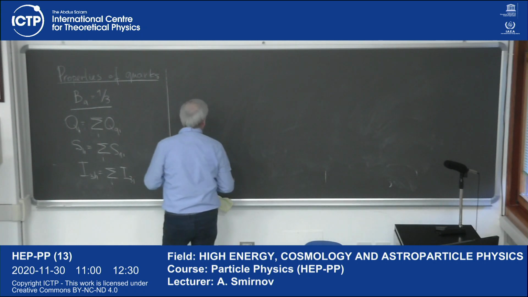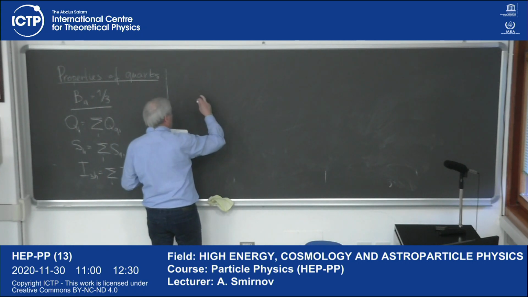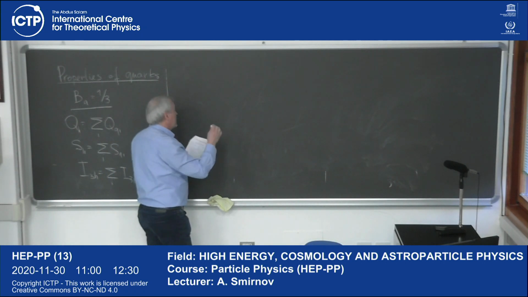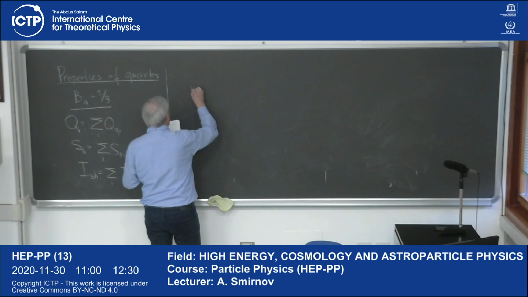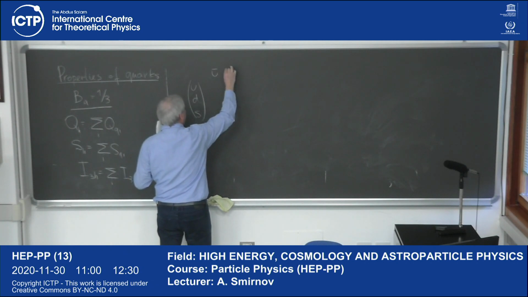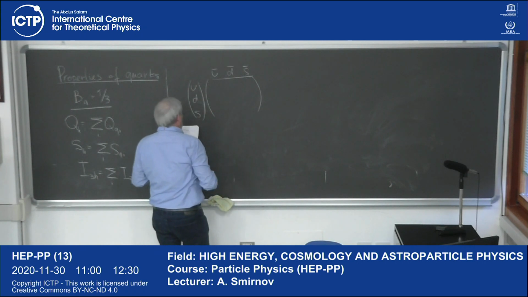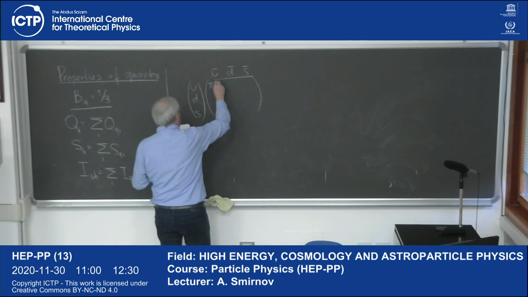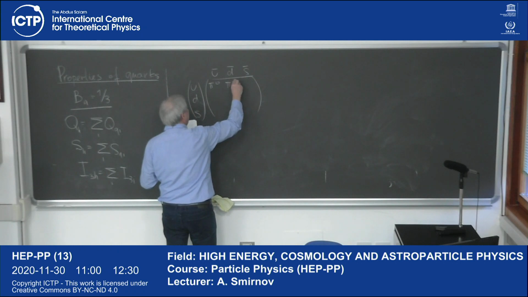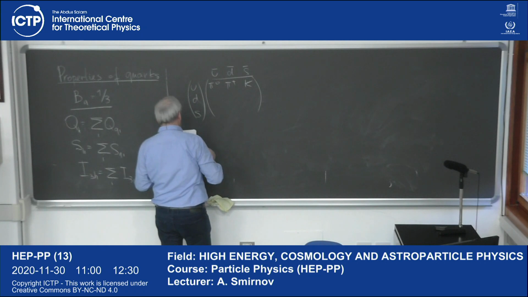So, we can write the octet of mesons, for instance, in the following way. Mesons are products of quark and antiquark. And we have U, D, and S quarks. We can put here U bar, D bar, S bar. And that eventually should give us pi 0, pi plus, here is K. What is this K?